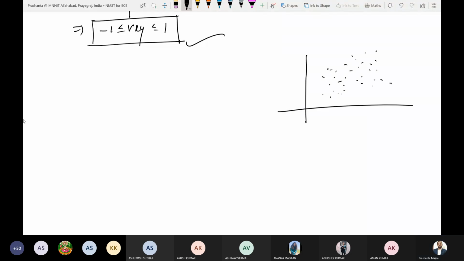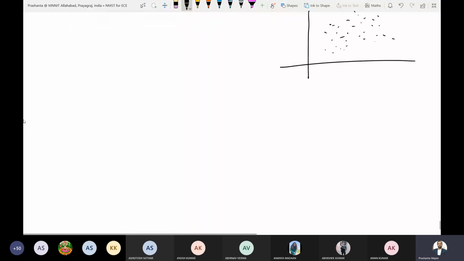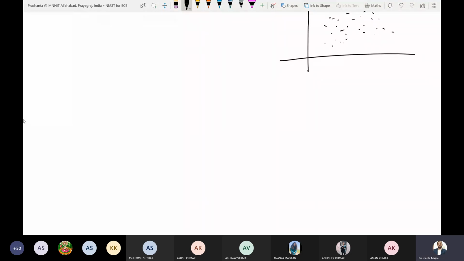One will be the line of regression if you measure the error parallel to the y-axis, and you will get another line if you measure the error parallel to the x-axis. Okay, so here we are going to find out the line of regression of y on x.